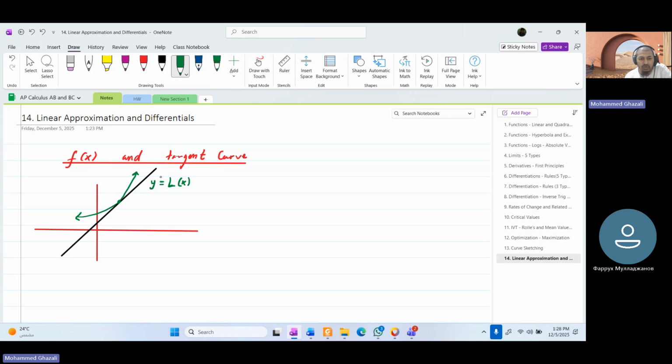Because it's a linear function. Why is it a linear function at this point? Because it's a straight line. So I'm taking a general point a and f of a, and the green function is basically my f of x function.